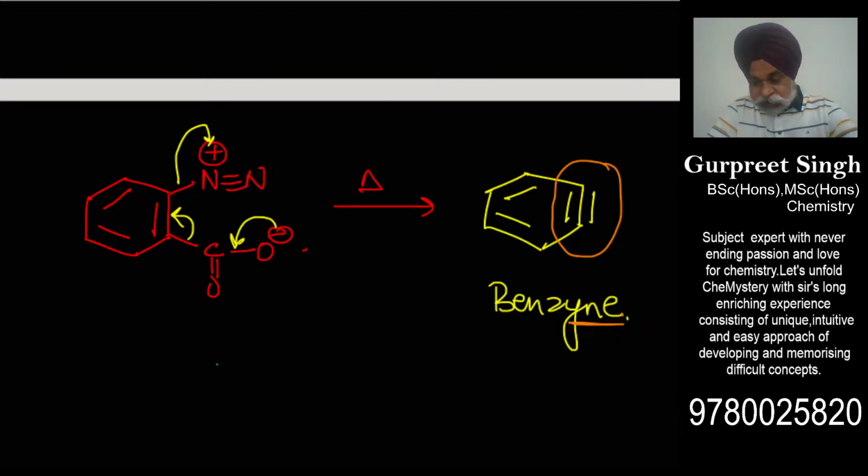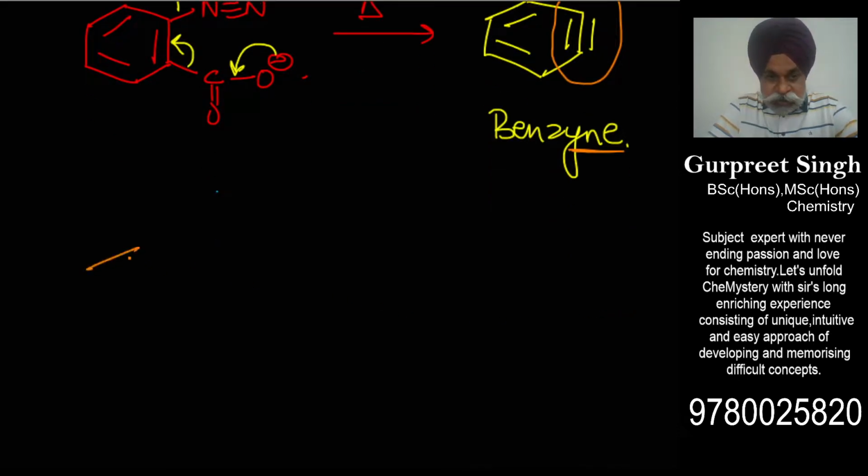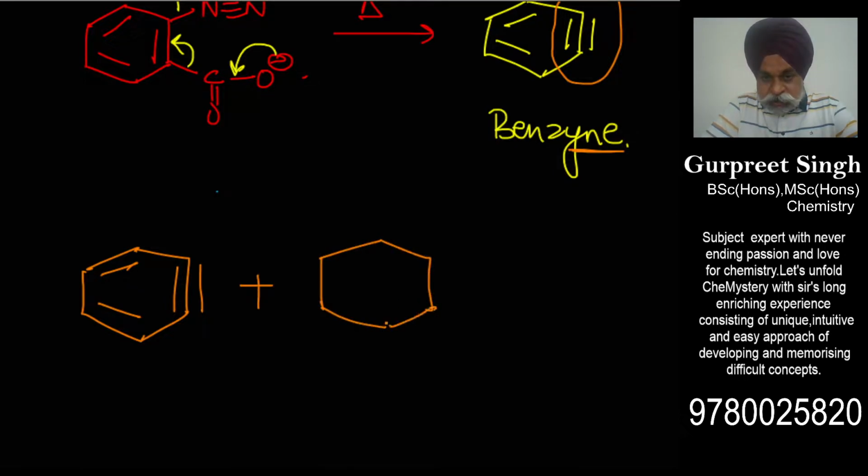Now, further he said this benzyne may undergo dimerization, because this is a reaction intermediate and can be isolated as well, but it very easily undergoes dimerization of this type.